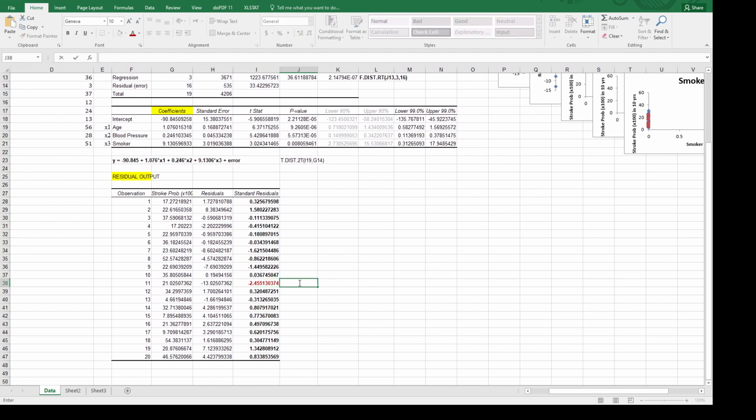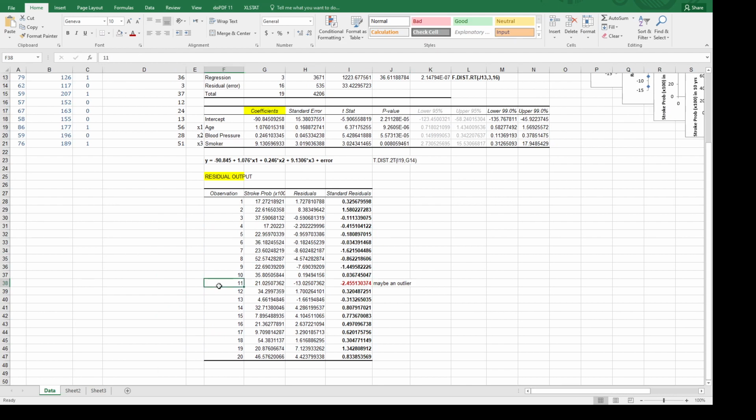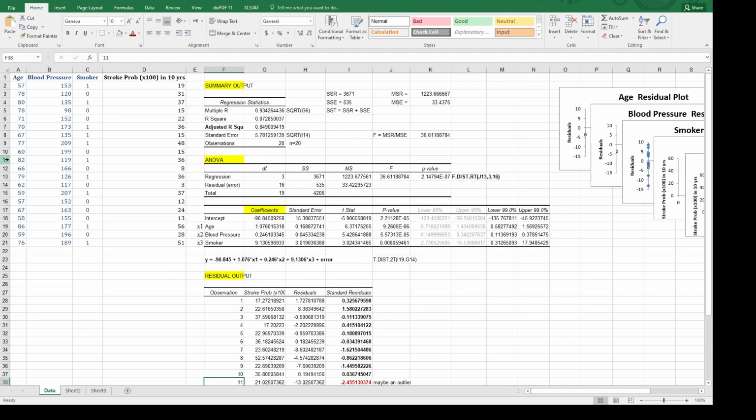So this is probably an outlier, maybe an outlier. So this needs further investigation, basically. This data point 11, which is this data point, I would say it is worth investigating.